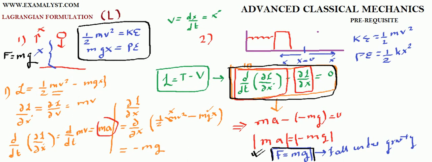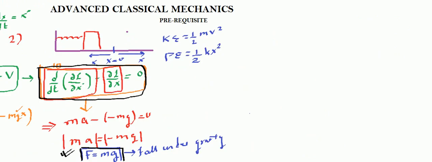Okay? Now let us consider the second equation and let us solve everything for the second equation. We don't have space, so let us do this side. So for the second equation, you know kinetic energy is half mv square. So what will be the value of d by dt of del by del x dot of Lagrangian?